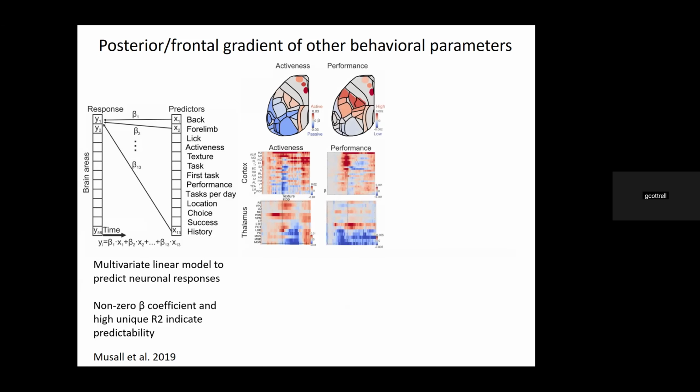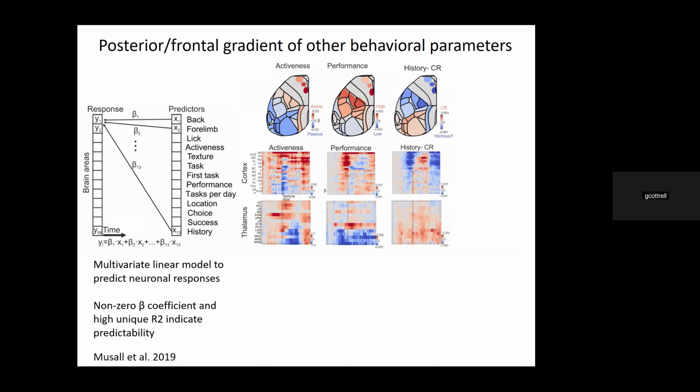Performance also more frontal, and in the posterior thalamus, more negative beta coefficients. And history, what happens in the previous trial with the correct projection, for example, so positive values in the posterior cortex, also posterior thalamus, and negative values in frontal cortex, in frontal thalamus a bit.